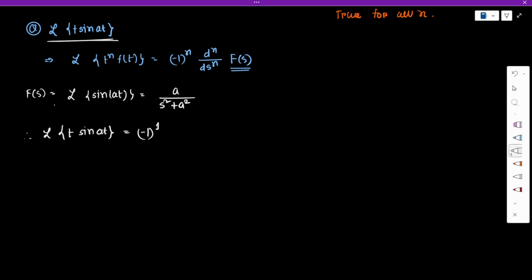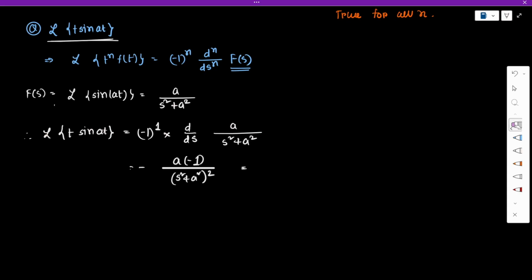that is equal to negative 1 to the power 1 times d/ds of a divided by s squared plus a squared, right? So negative d/ds of a divided by s squared plus a squared leads to a times negative 2 divided by (s squared plus a squared) whole squared.